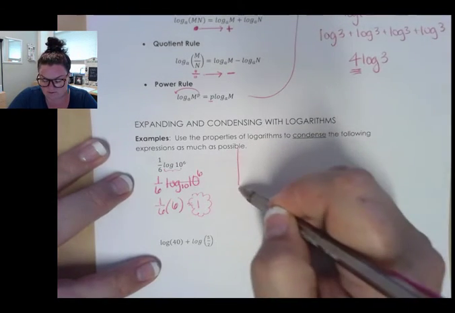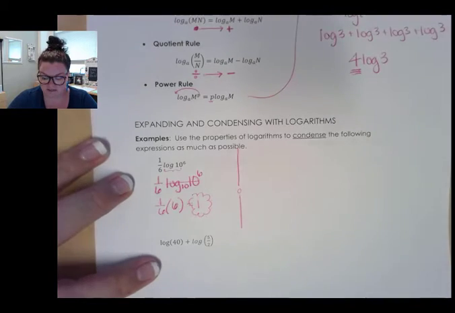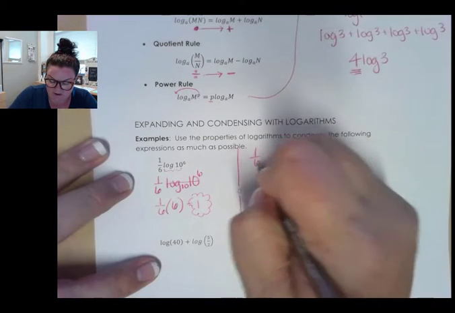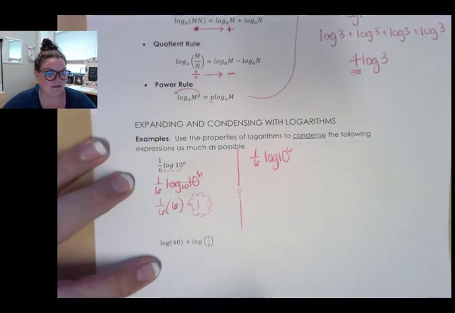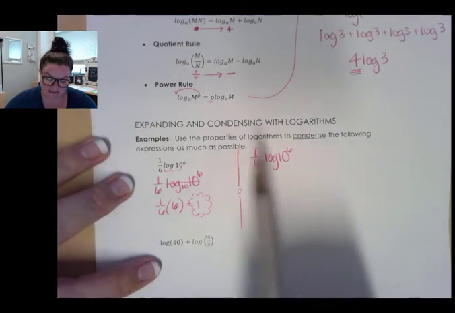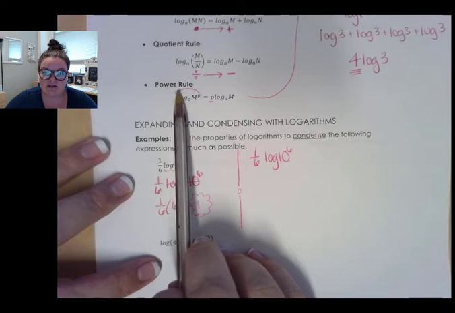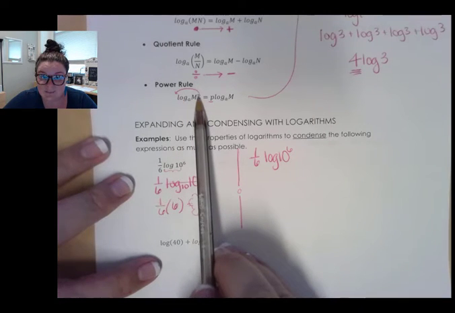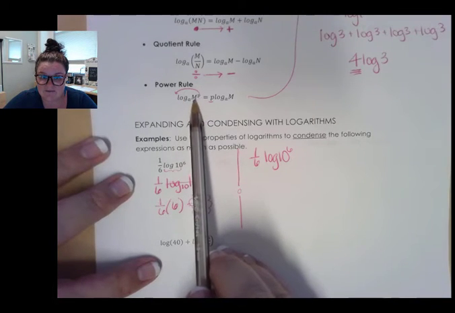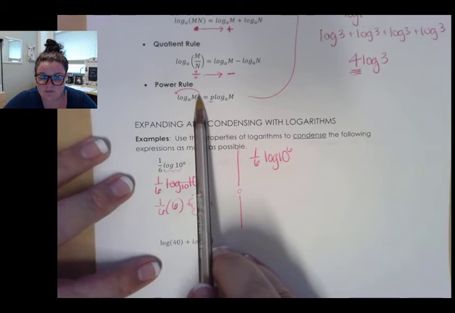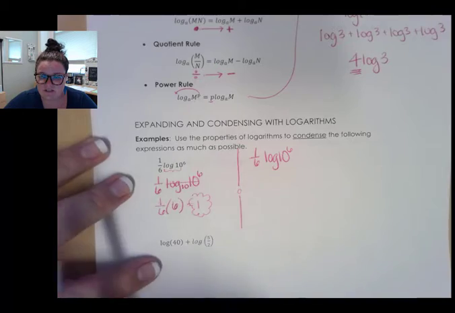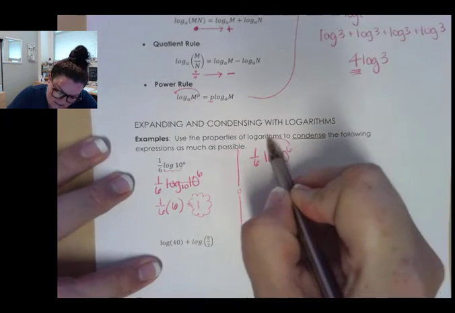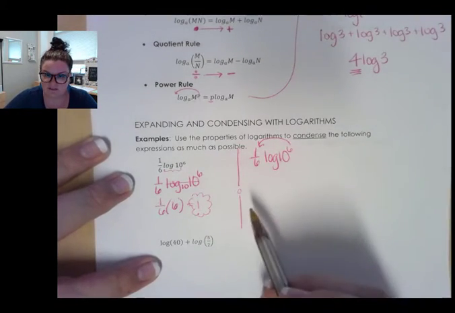Another way, for those of you who may not have done it this way, is if we have 1/6 log 10 to the 6th. This last power rule that we just learned says that if I have an exponent on the inside factor of my log, I can bring that exponent down as a coefficient, meaning I can bring this 6 down in front of this log.